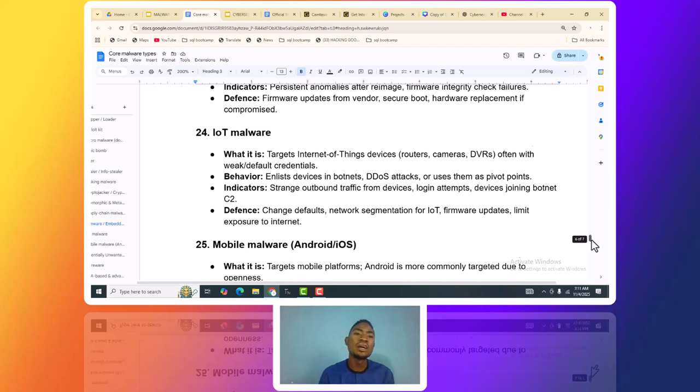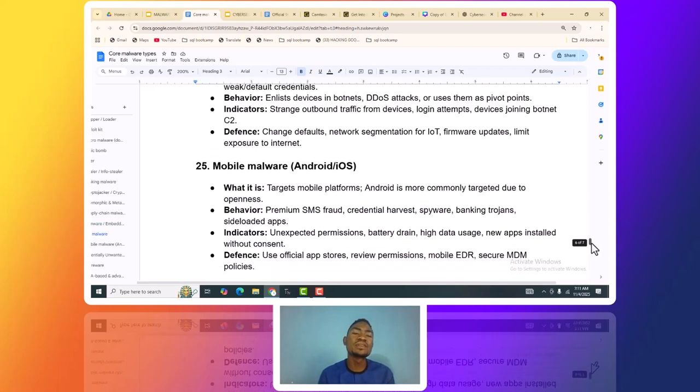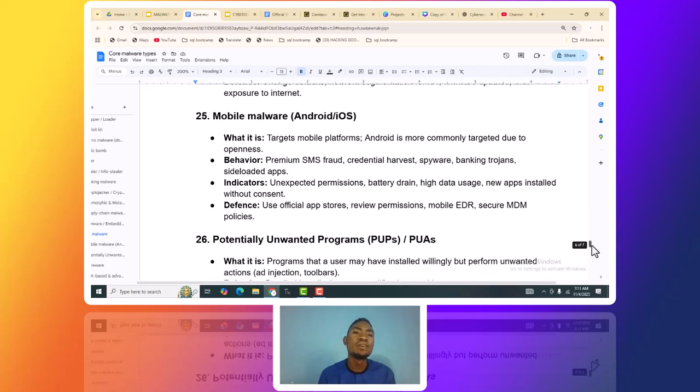And malware is not only limited to networks or to devices. Mobile devices, Android and iOS, also have their own natures of malware, and this type of malware targets mobile platforms. Android is more commonly targeted due to its openness, and some of its behaviors are premium SMS fraud, credential harvesting, spyware, banking Trojans, or even sideloaded apps. These are examples of the behaviors of mobile malware.